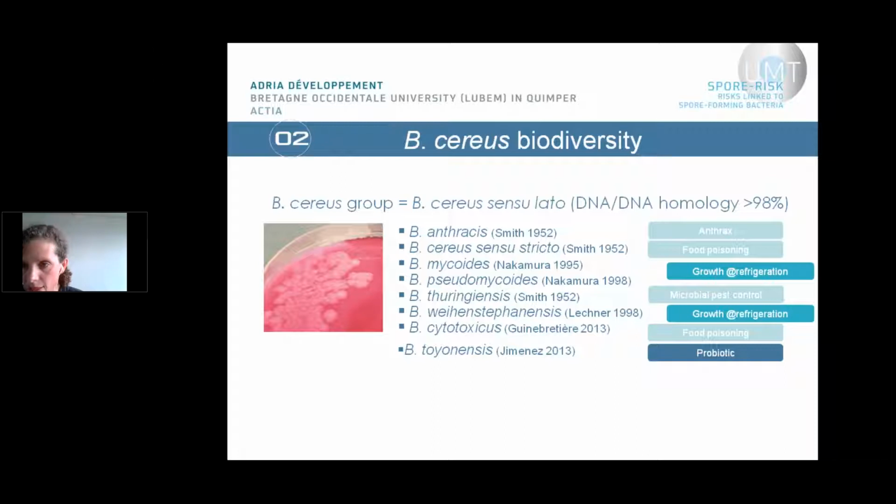Bacillus mycoides and Bacillus weihenstephanensis have the ability to grow at low temperatures, so they might be involved in food spoilage of refrigerated, ready-to-eat food. And Bacillus toyonensis, which is the last reported microorganism of this group, is a probiotic.